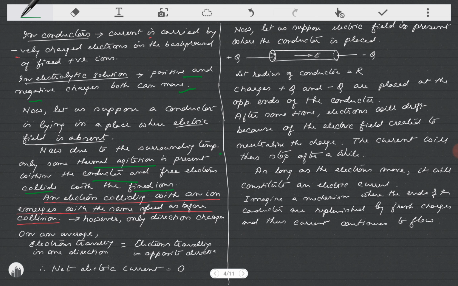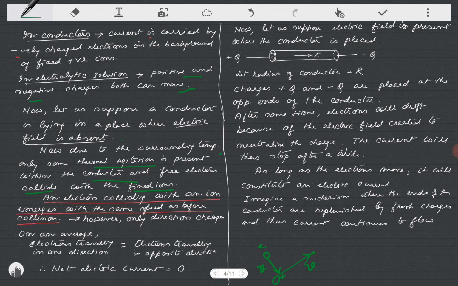An electron colliding with an ion emerges with the same speed as before collision. This is an electron colliding with an ion. After collision, it emerges with the same speed. The v over here is the same as the v over here.